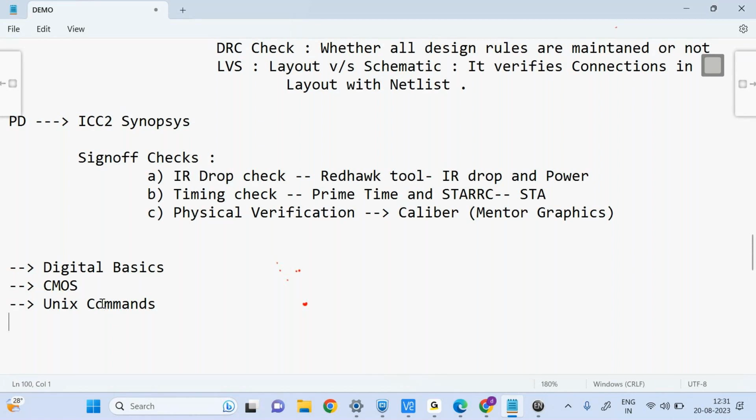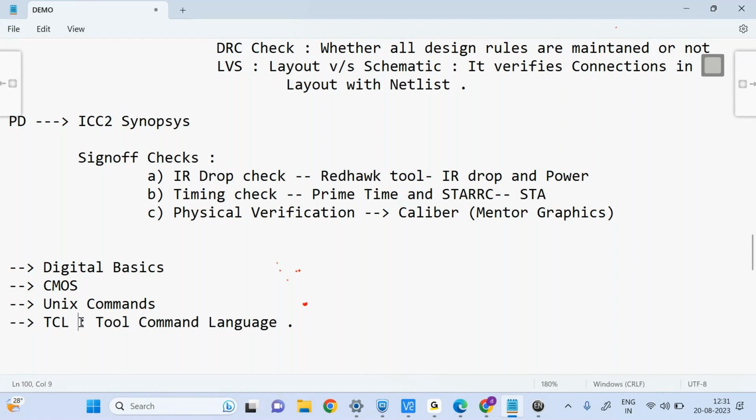Apart from Unix, you should be knowing TCL. TCL stands for tool command language. Why TCL?